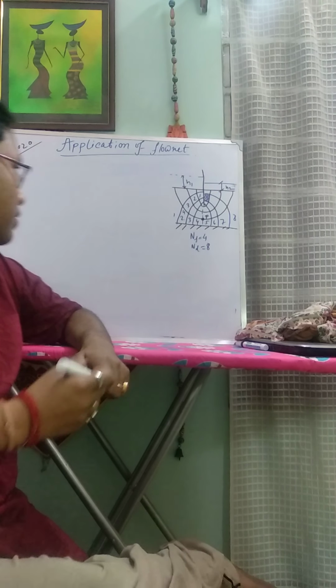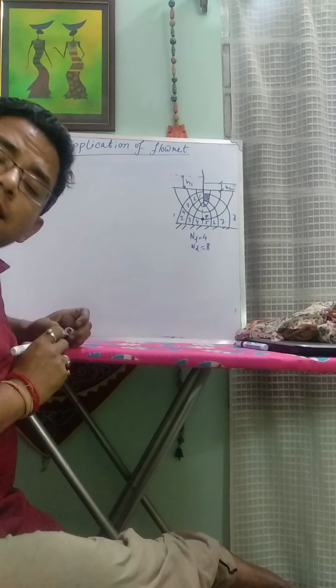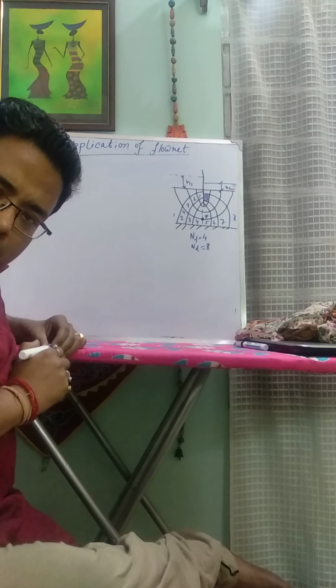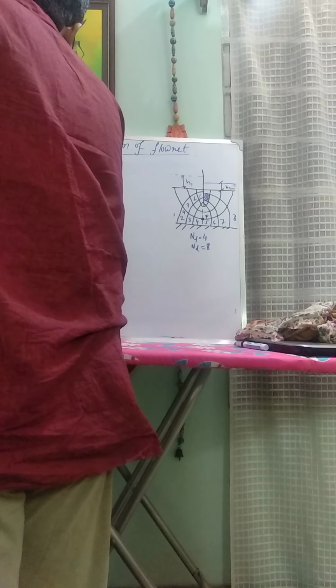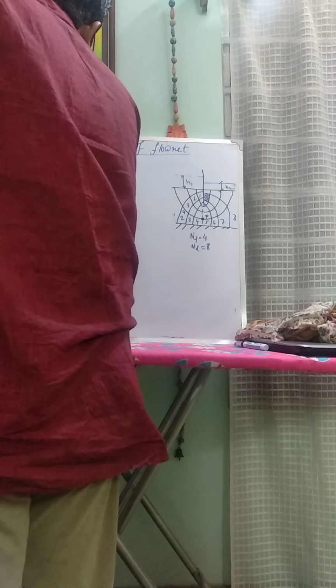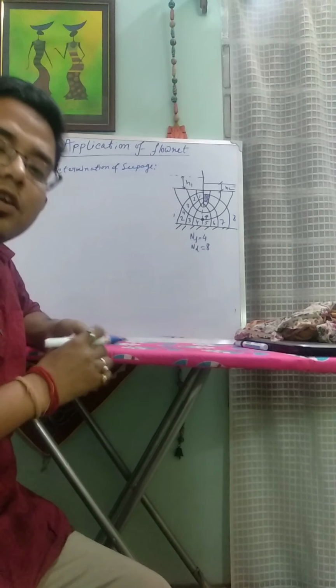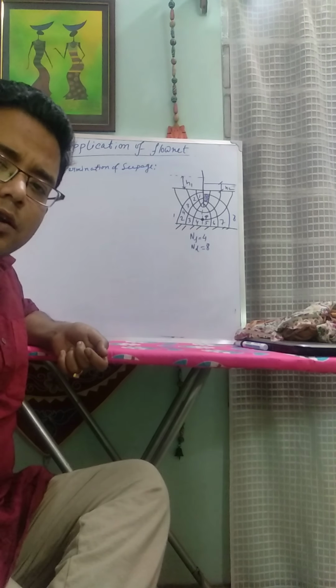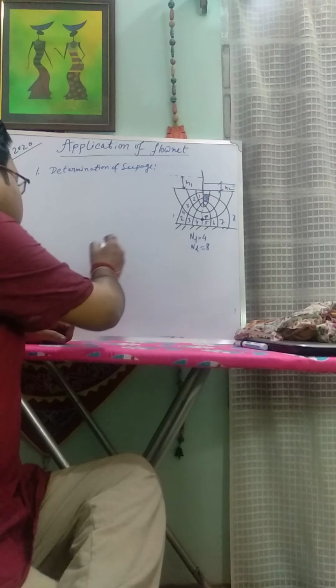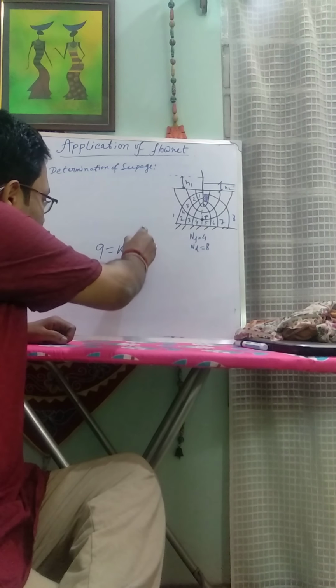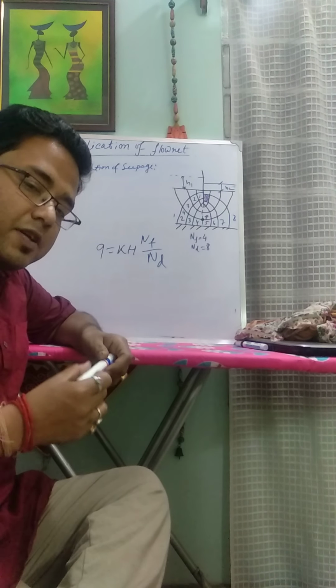At first we discussed the determination of seepage from the Flownet concept, and the formula is Q equals K H NF by ND. This is the formula to find out the seepage.